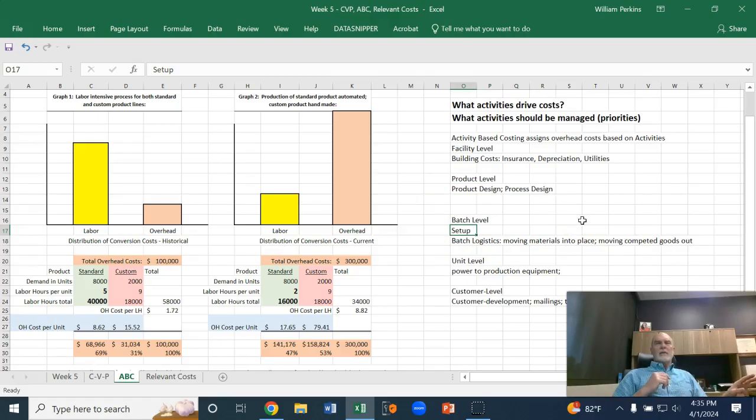And so maybe the setup cost should be allocated based on how many setups we're making, regardless of how many units we're actually producing within that. And then, of course, there are still some costs that would be driven at the unit level or even the customer level. So again, this chapter is about understanding your cost behaviors, but even going a little deeper and understanding what is truly driving the cost that we see within our operations.